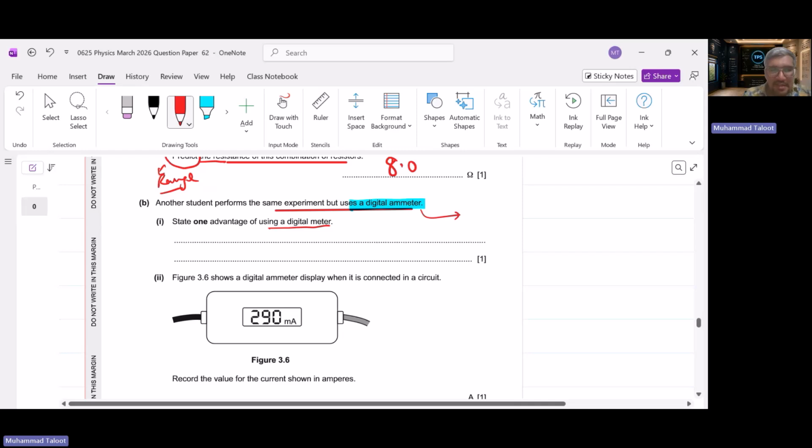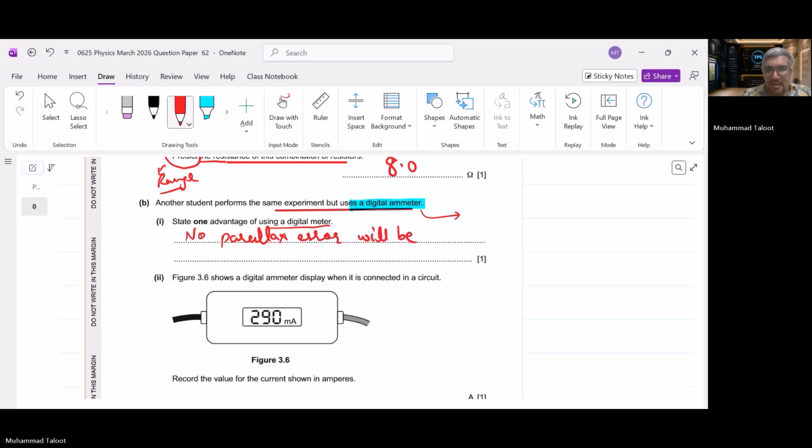So I would be writing that no parallax error will be included, and it is easy to read.